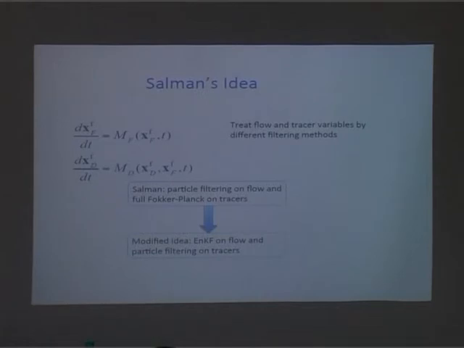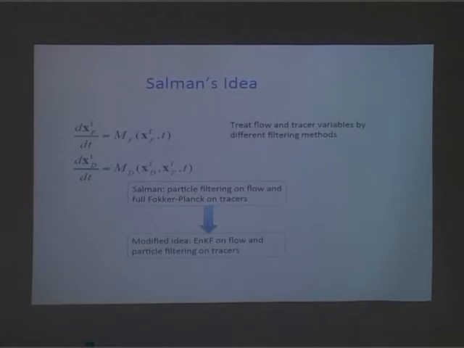So that was a very idealistic point of view. But the issue is really that the XF is potentially very, very high dimensional, but the XD is not that high dimensional. And you're doing the observations entirely in the XD variables if you're doing pure Lagrangian data assimilation.